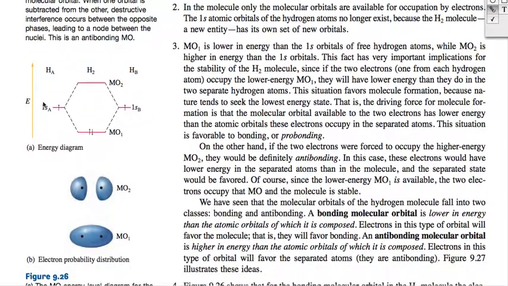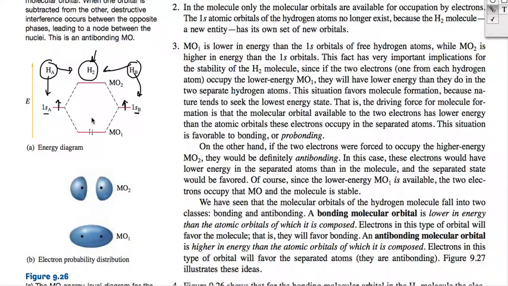Okay? So if you've got a hydrogen atom and another hydrogen atom, and they come together to form H2, your molecule, you're going to have electrons, one electron, this arrow right here is representing one electron from this hydrogen, which was in the s orbital of that hydrogen, and you're going to have one electron, this arrow right here, from this atom of hydrogen, which was in its s orbital, and they're going to come together to form H2.